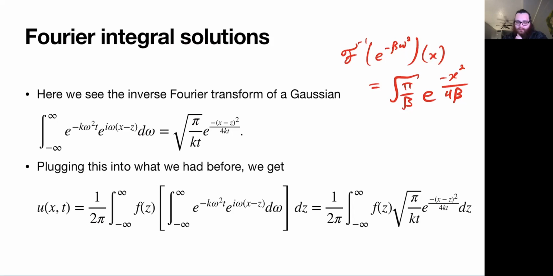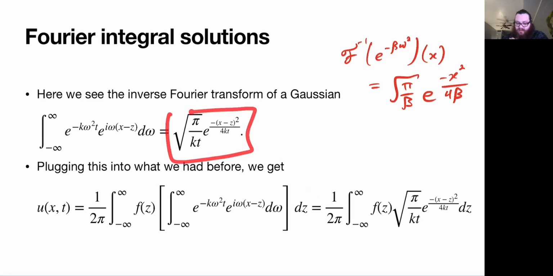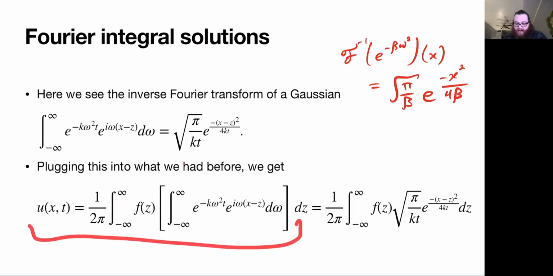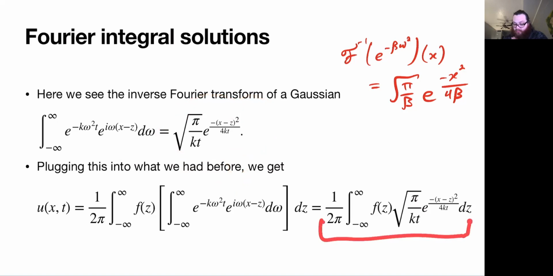So this integral in here looks kind of messy, but we've already computed what this thing is. This thing here is exactly this expression here, which is what we had on the last slide. Plug in the inverse Fourier transform of a Gaussian into this piece here, and you end up with this representation for your solution u of x comma t.